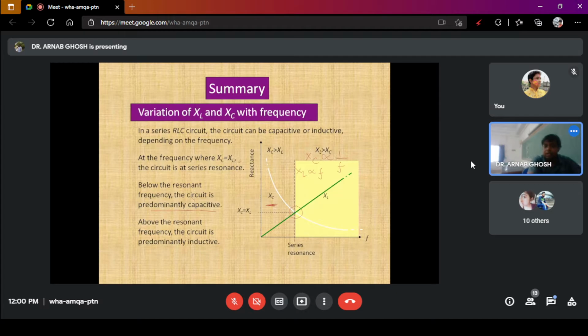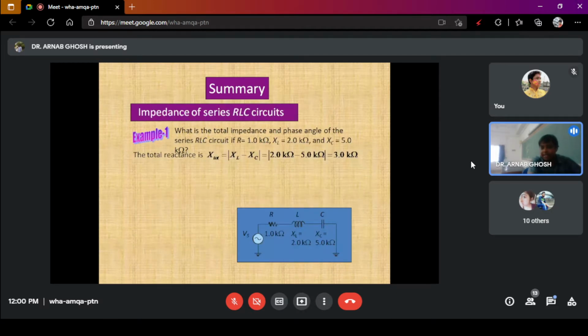Okay. So this is an example of how you can calculate the phase angle. Let's say you are given XL as 2 kilo ohm, Xc as 5 kilo ohm. When you express inductance and capacitance in the form of reactance, it will be in ohms, right? So what did I say? X total is mod of XL minus Xc.